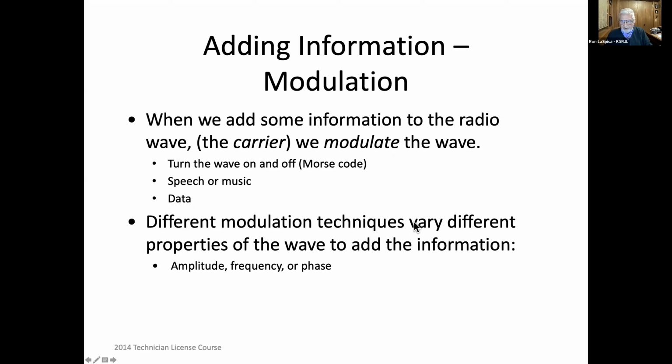They can change different properties of that wave in order to add the information or to modulate the wave. For example, there's a modulation technique that changes the amplitude. There's a modulation technique that changes the frequency. And there's a modulation technique that changes the phase of the carrier. We're going to focus on these first two for a little bit and see some actual differences between different types of this. Any questions here?